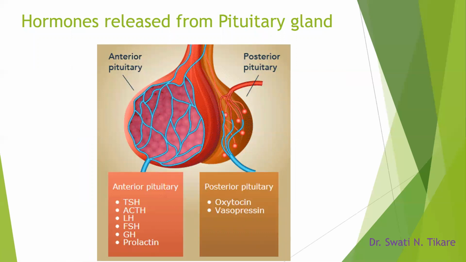Moving on, the anterior pituitary releases six hormones: TSH, ACTH, LH, FSH, growth hormone and prolactin, whereas the posterior pituitary releases, I am not using the word synthesizes, oxytocin and vasopressin. In today's topic, we will cover only the posterior pituitary hormones, oxytocin and vasopressin. In the next class, we will go to the anterior pituitary hormones.